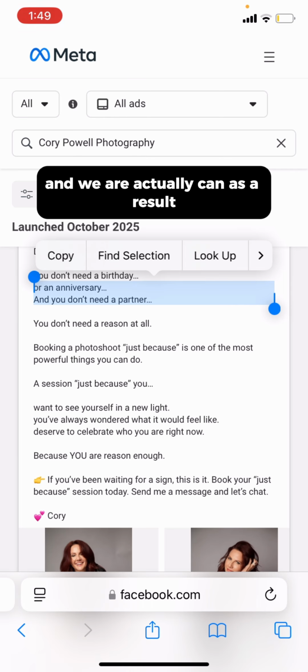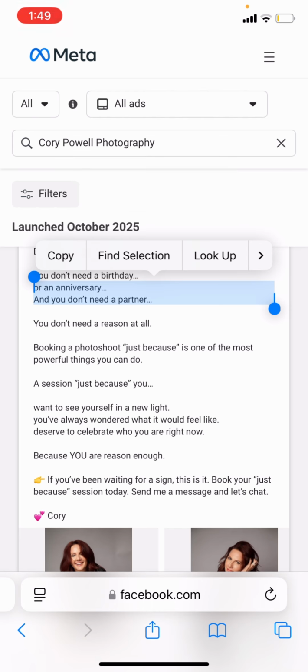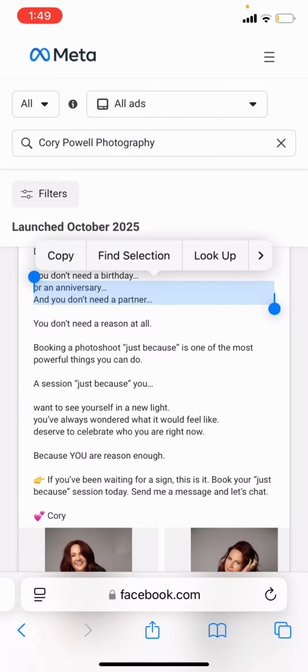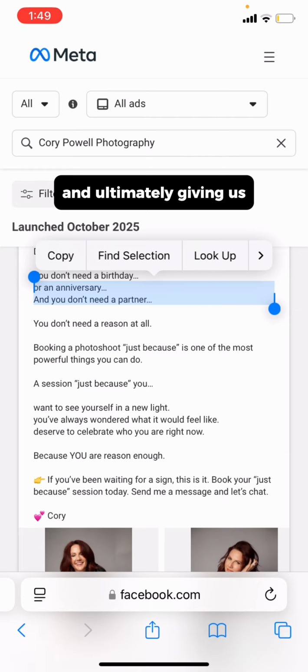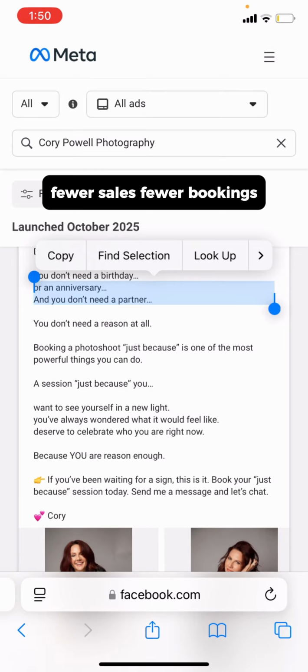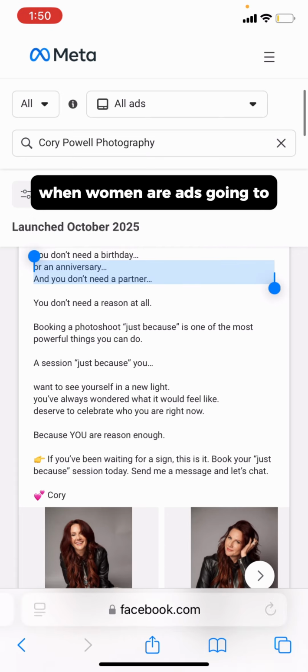As a result, we're getting fewer qualified leads, fewer qualified appointments, and more ghosting, more price hunters, more price objections, and ultimately fewer sales, fewer bookings, lower revenue, lower ROAS, fewer conversions from the tranche one women our ads go into.